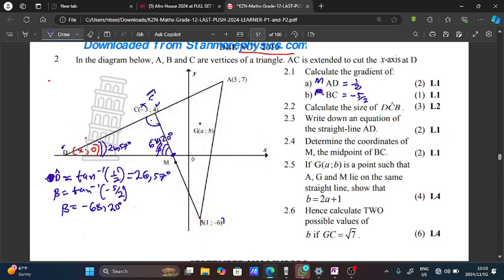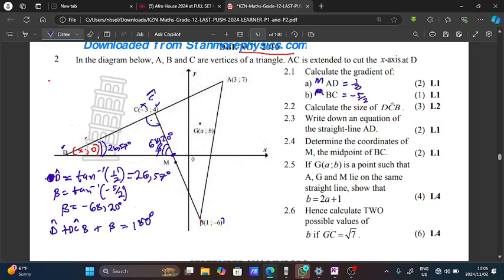So now we know that angles of a triangle add up to 180. So I'll say angle D plus angle DCB plus the unknown angle there, which was beta, is supposed to give me 180 degrees.